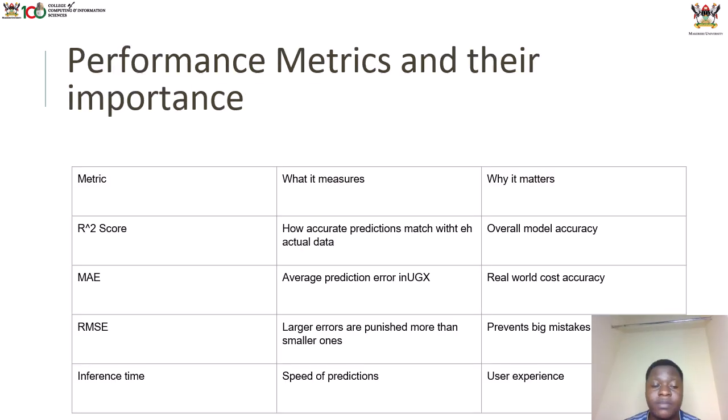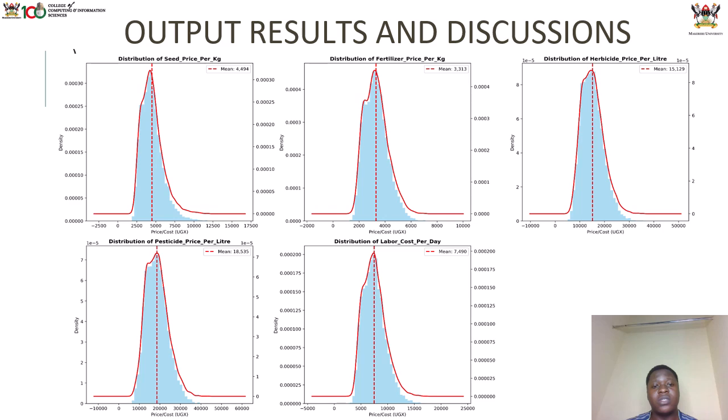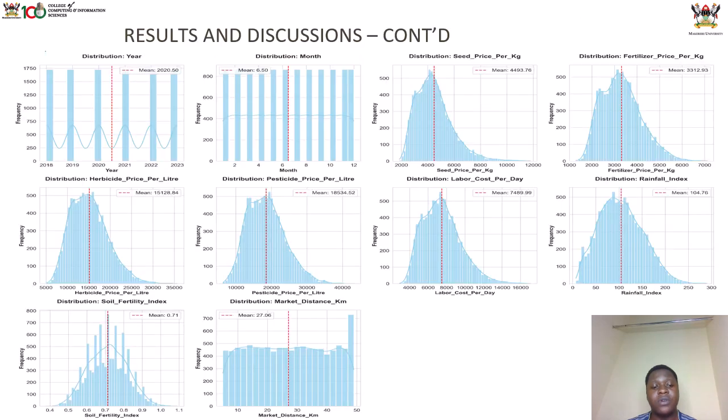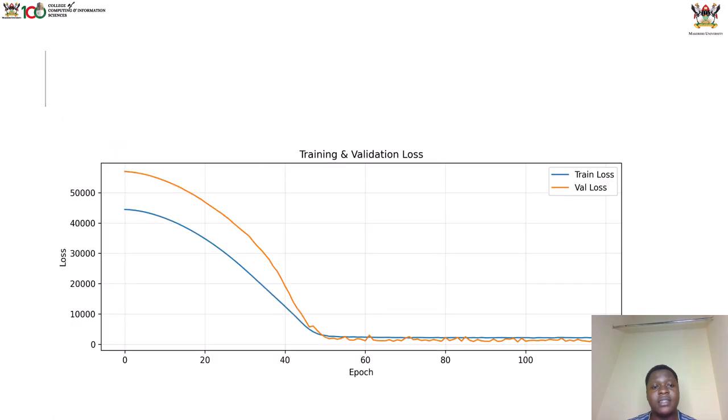So these are the performance metrics, as we all know: R squared score, MAE, RMSE, and inference time. This contributes to choosing your model. The better the metrics, the model you will consider. So these are the outputs of the exploratory data analysis.